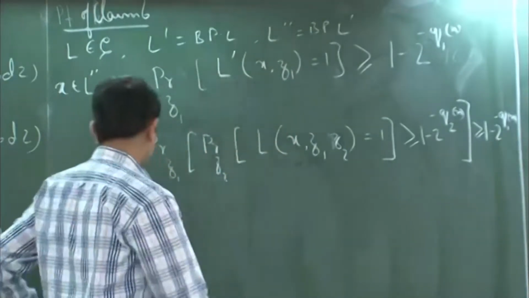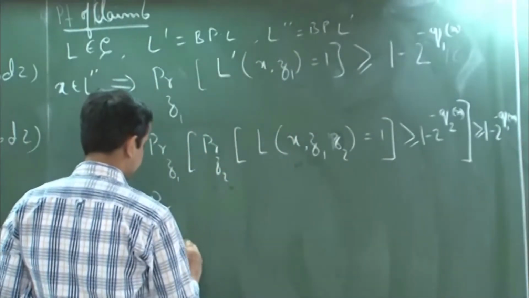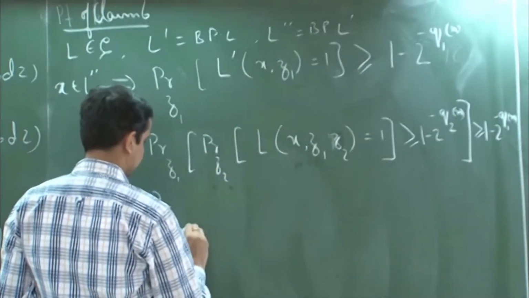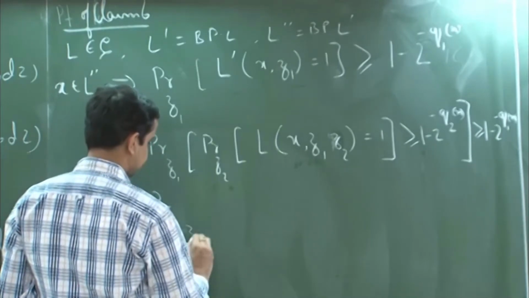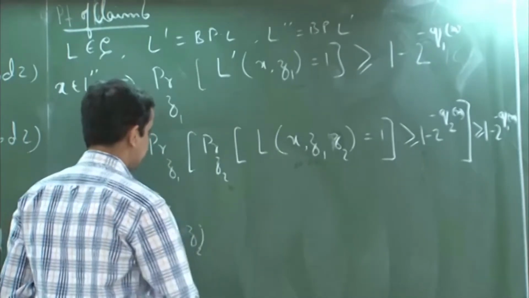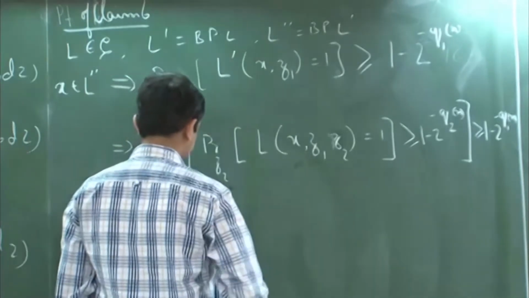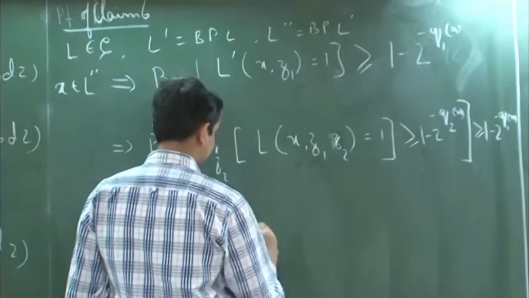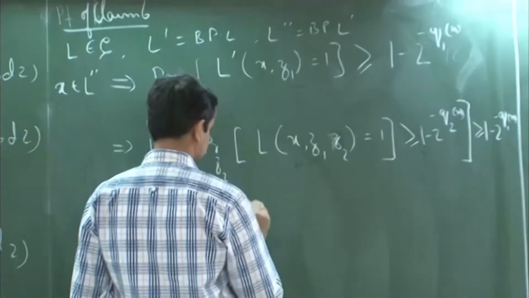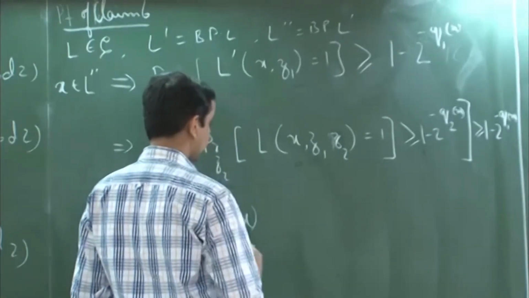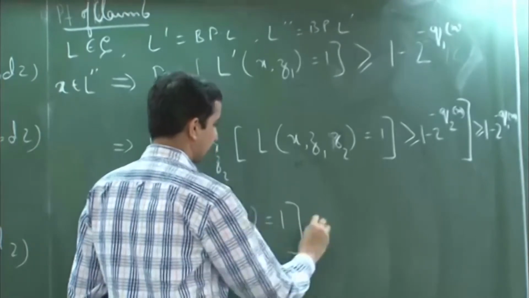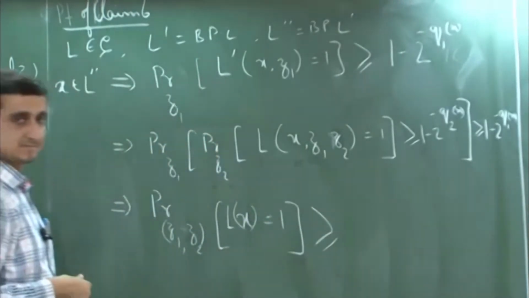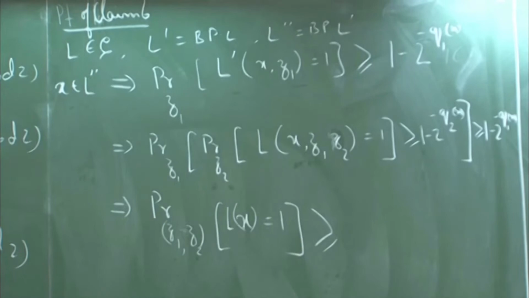So if I look at the concatenation of these two strings, the fraction of concatenated strings that are good for x is the product of the two probabilities.